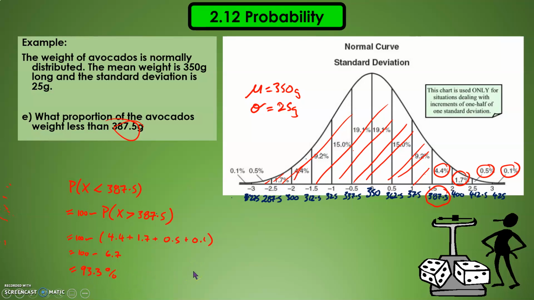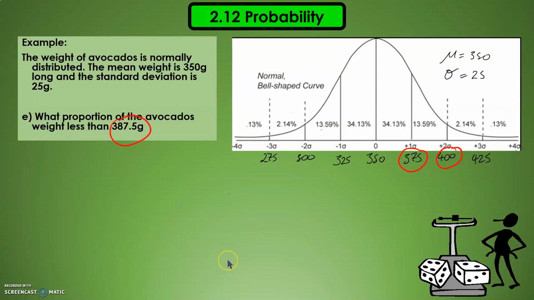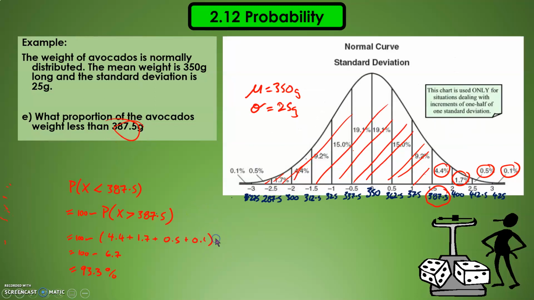So you can see that's one change from the previous graph that we looked at, that because we had a value that didn't fit exactly into a standard deviation, we had to come up with one. But what if it was 388 or something like that, that it's not perfectly a half? We'd have to have another standard deviation as well.